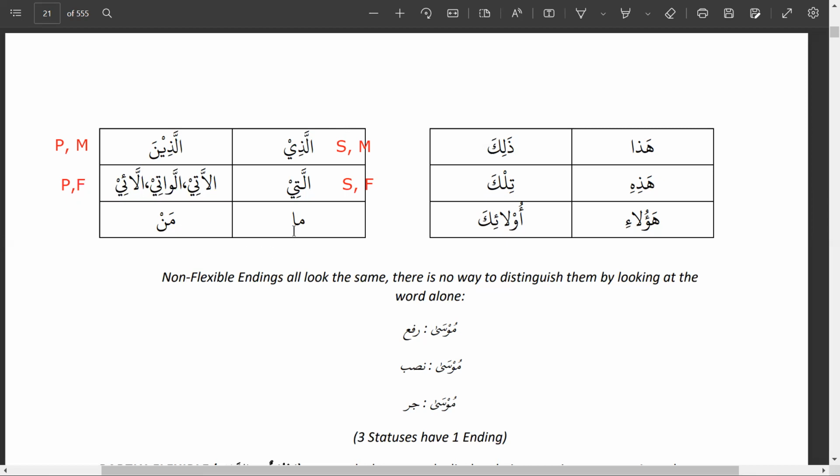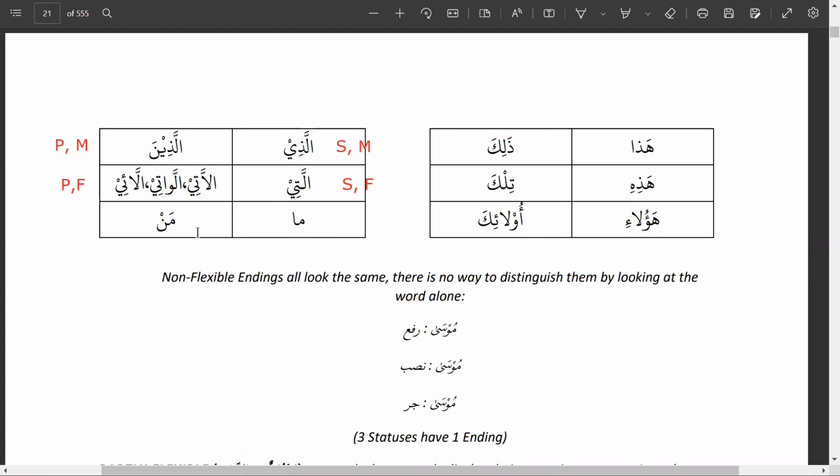Their action is multiple. Ma and man can be doing different actions, but sometimes they are connectors. Most of the time when they come at the beginning of the sentence, then it's a question word. So just keep in mind that allazi, allazina, allati, allawati, and allai are connector isms, and sometimes ma and man also act as connector isms.